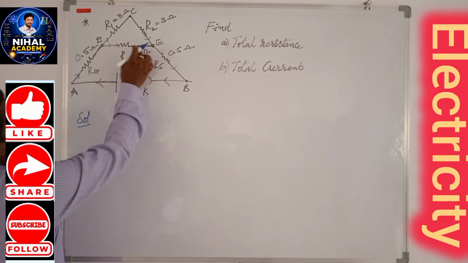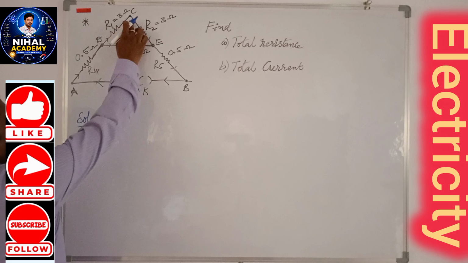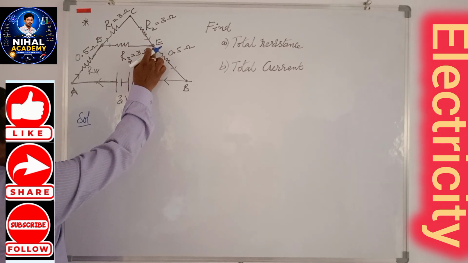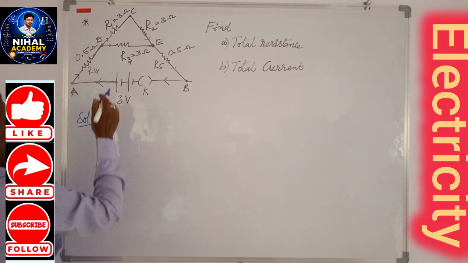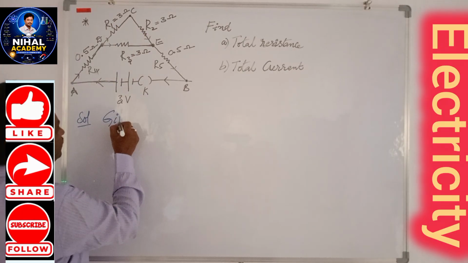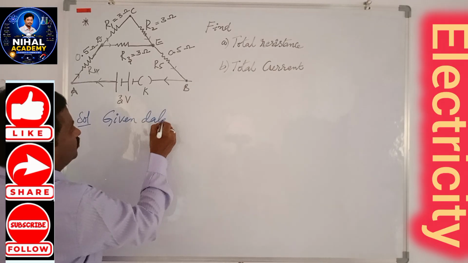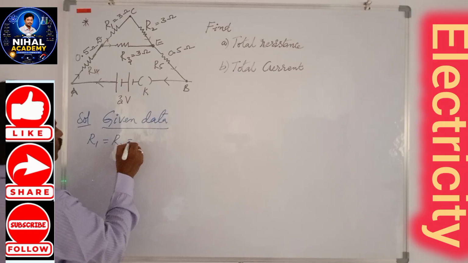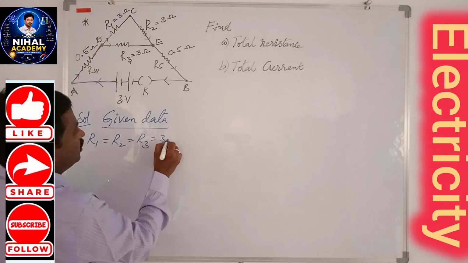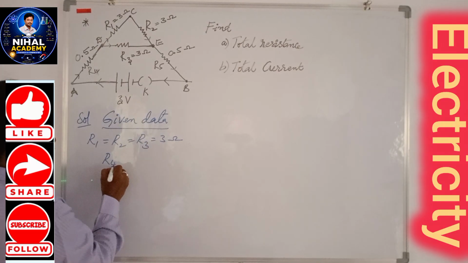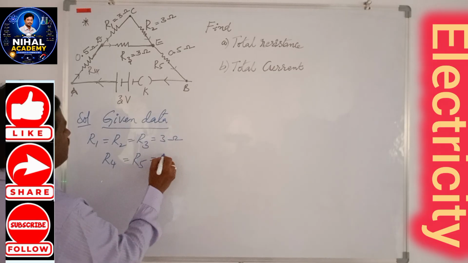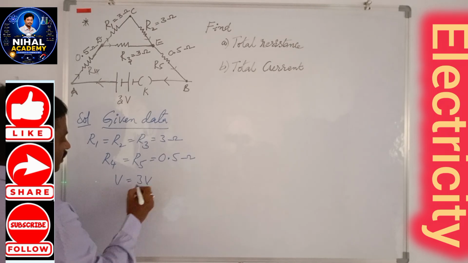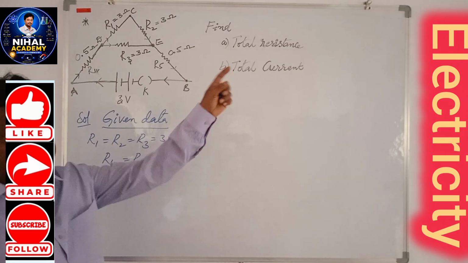You can write the given data: R1 is equal to R2 is equal to R3 is equal to 3 ohm and R4 is equal to R5 is equal to 0.5 ohm and V is equal to 3 volt. Now we have to calculate the total resistance.